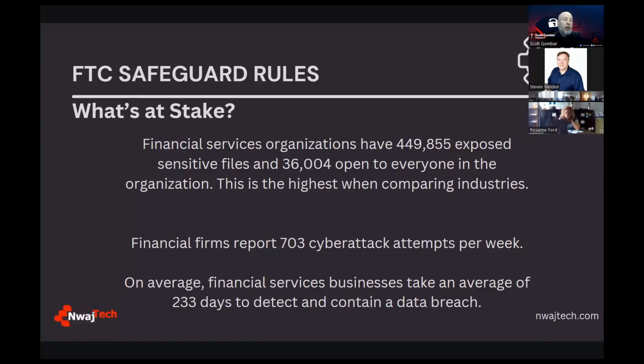So that means that you have attackers on your network for 233 days doing whatever they want, looking for data that they could steal, and they will steal. They're looking for what else they can get a hold of, what else can they connect to, what other damage can they do before they launch a ransomware attack, is usually how it works.